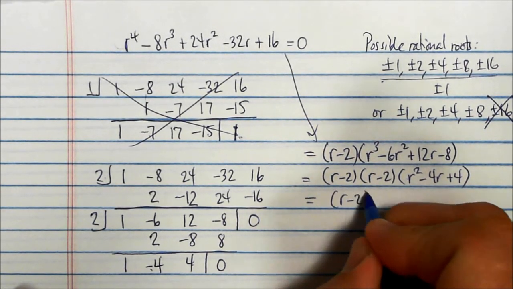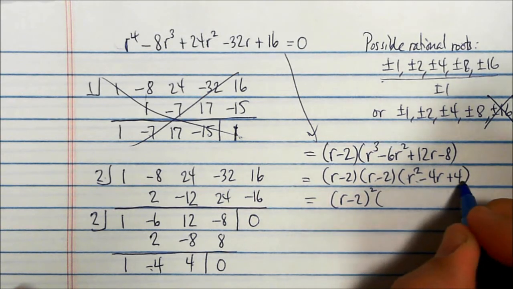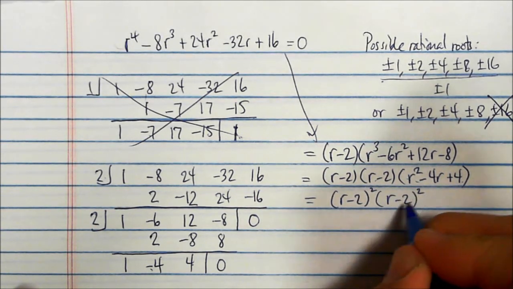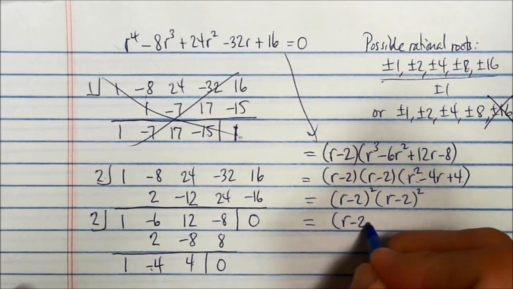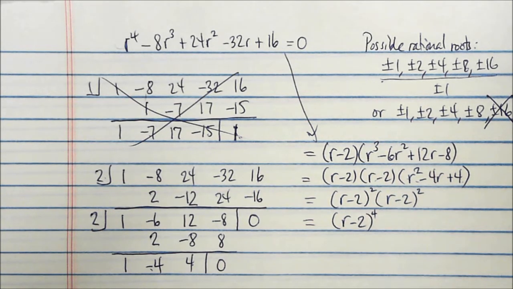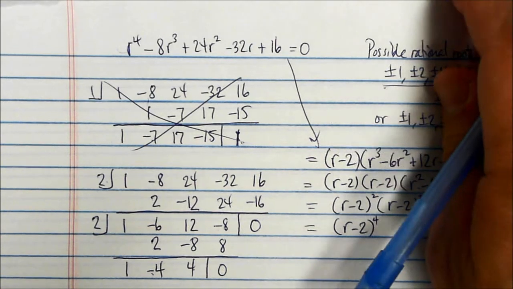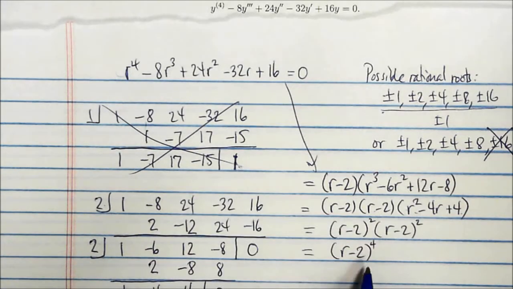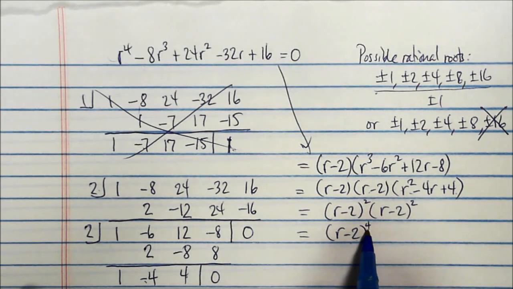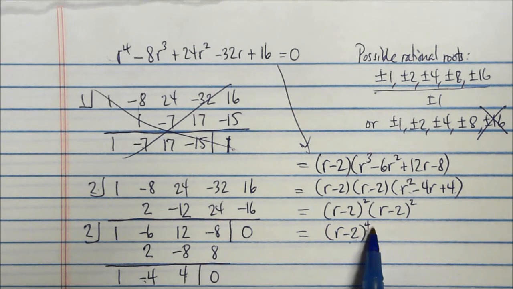So r minus 2 squared, combining these two, clearly that factors r minus 2 squared. So this turns out to be r minus 2 to the 4th power. So the practical effect is that r equals 2 is a root of order 4 of the characteristic equation.